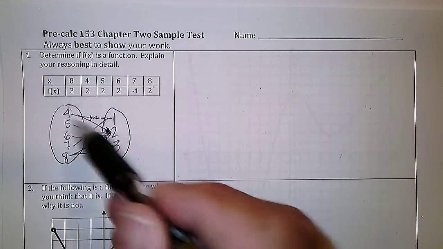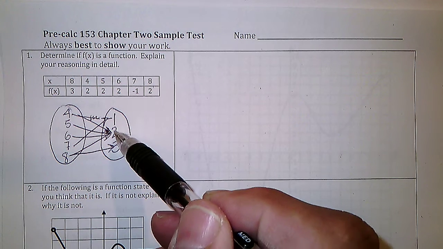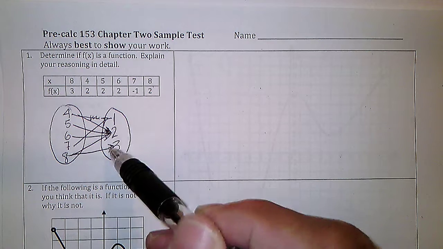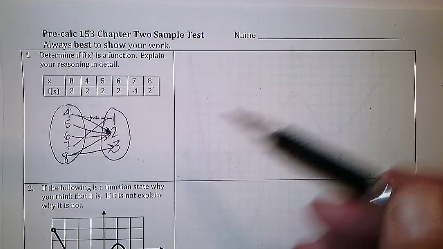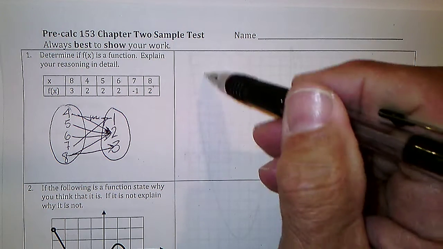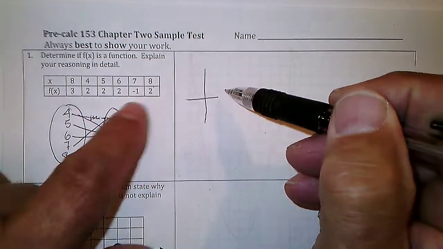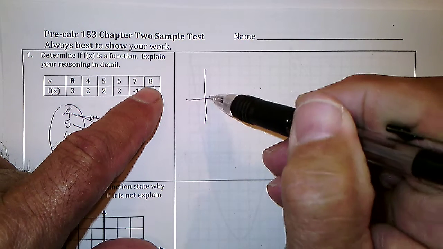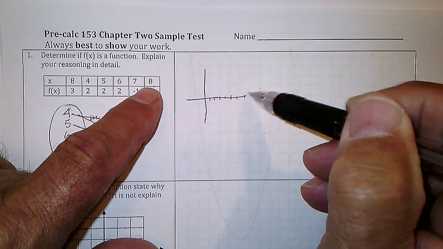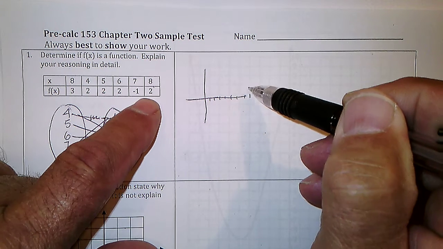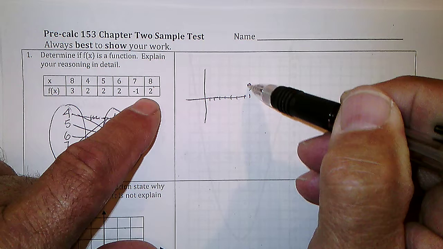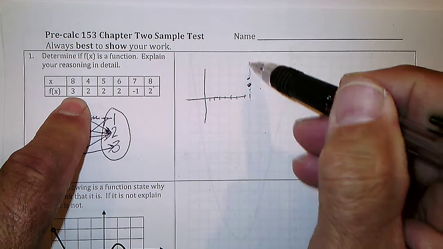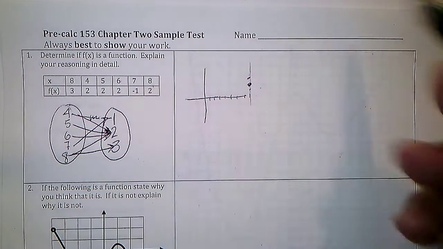It was okay to have several things going to a 2, but we have 1 going to many, which is not a function. Now, if you were to do a vertical line test at 8 in the x, 1, 2, 3, 4, 5, 6, 7, 8, we have 8, 2, and 8, 3, which means it would not pass the vertical line test at 8.